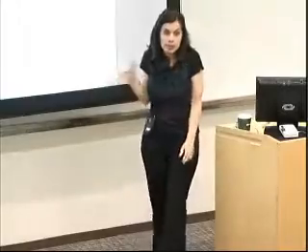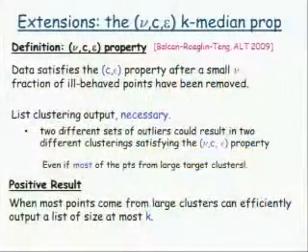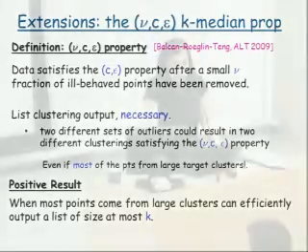So in this case, the best we can hope for is to output a small list of clusterings with the property that any clustering that satisfies this new C-Epsilon property will be close to one of the clusterings in the list. So list clustering is necessary here. This is an example of a relaxation of the C-Epsilon property that we analyzed.